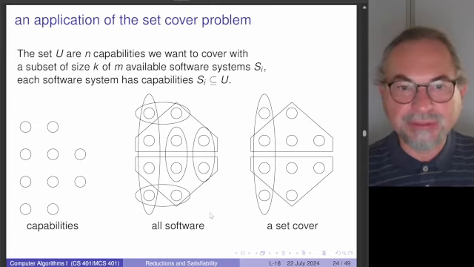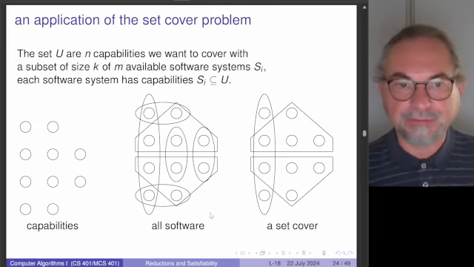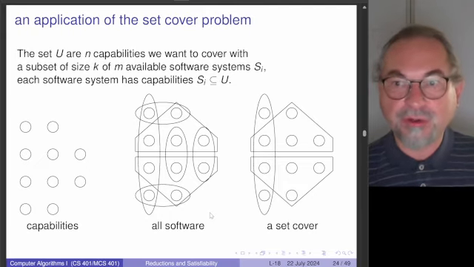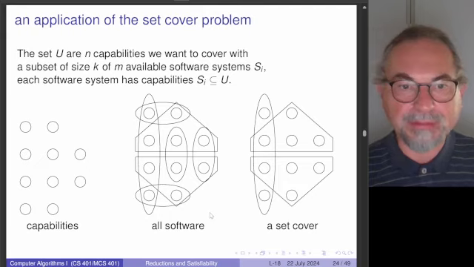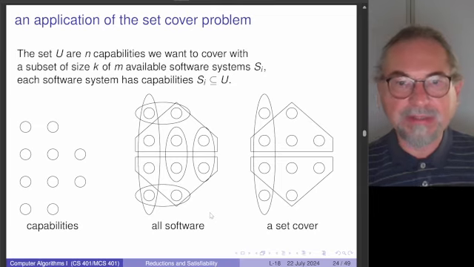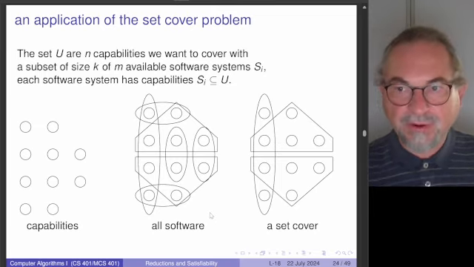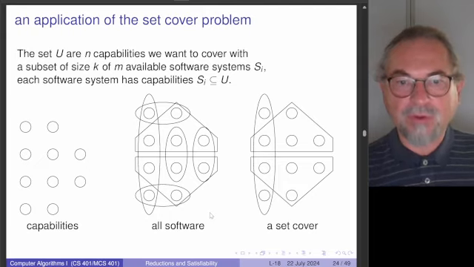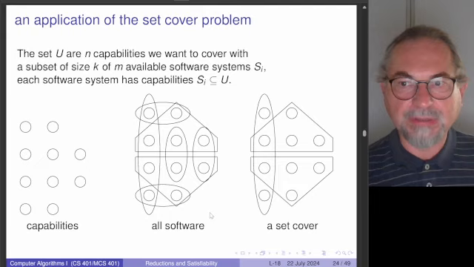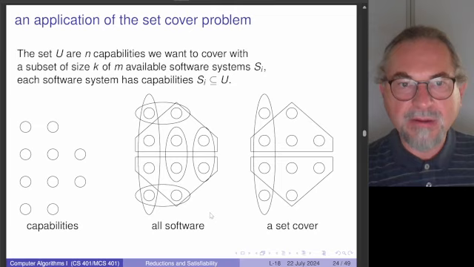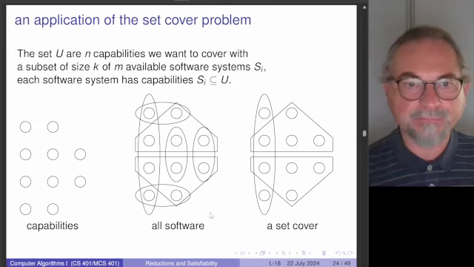The question is to make a selection of your software systems so that you can cover all your capabilities. In the example we have 10 capabilities, and we can find 3 software systems that cover all capabilities. There is some overlap, some redundancy, but you cover everything.